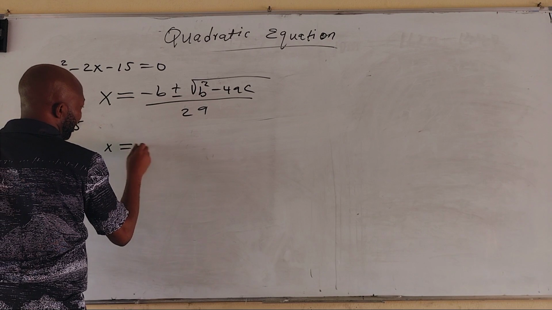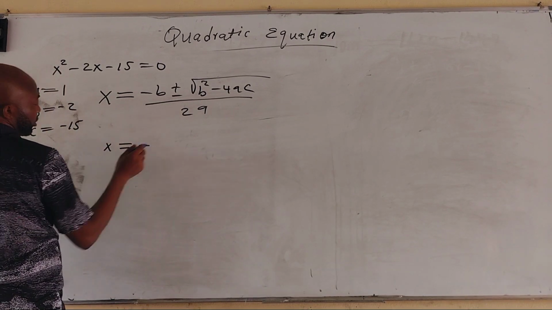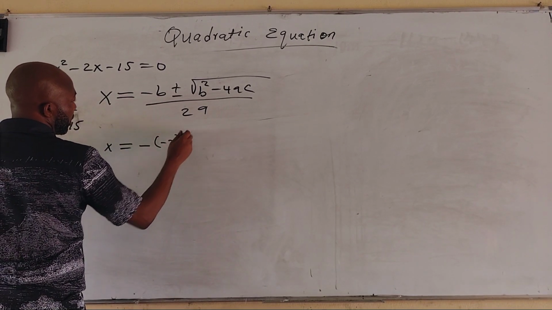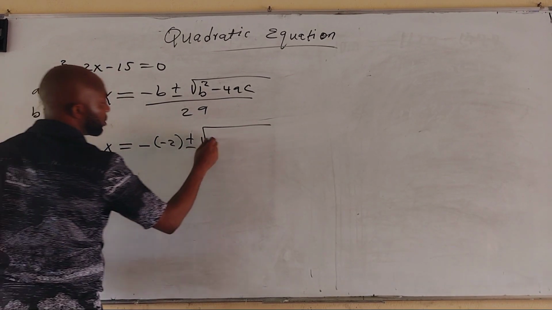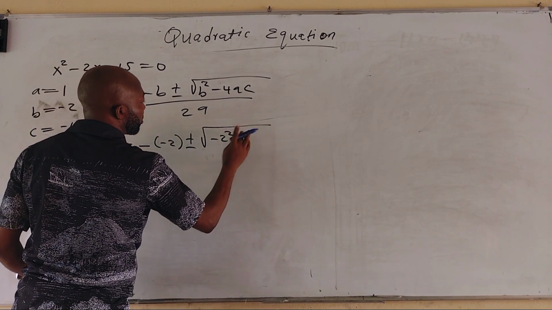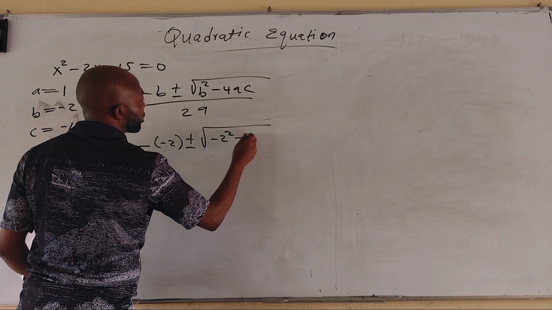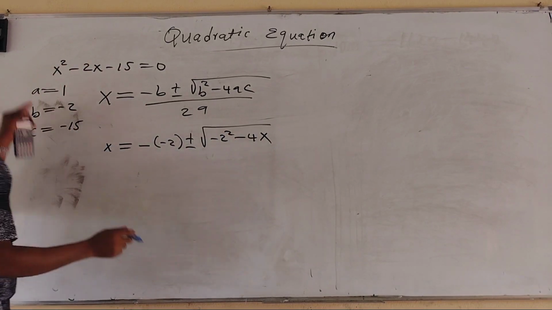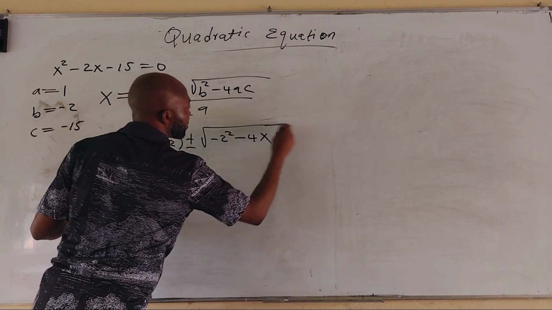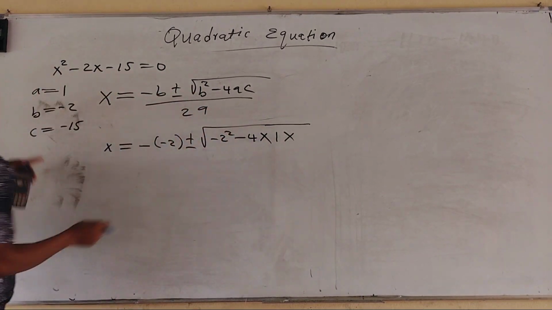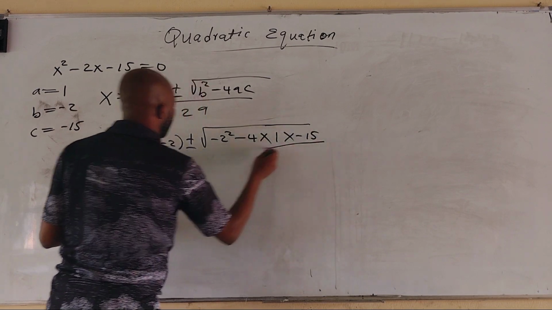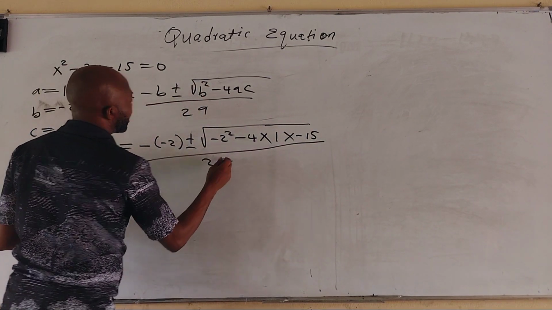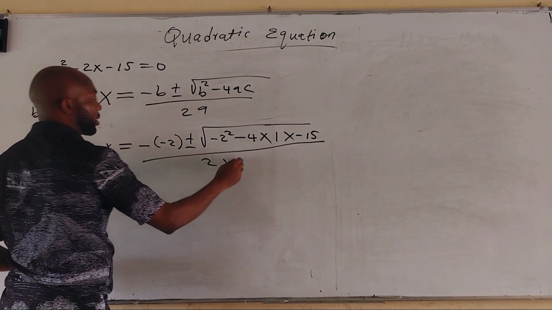X is equal to minus b. B is minus 2, so minus minus 2, plus or minus the root of minus 2 squared, minus 4 times a is 1, times c is minus 15, all over 2 times a, which is 1.